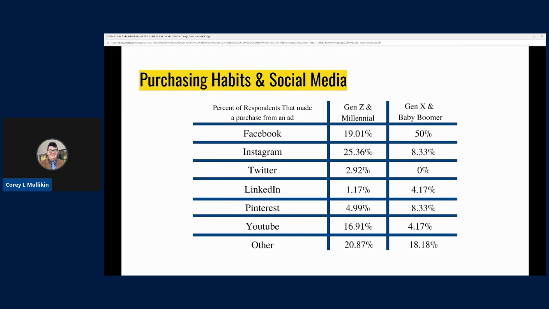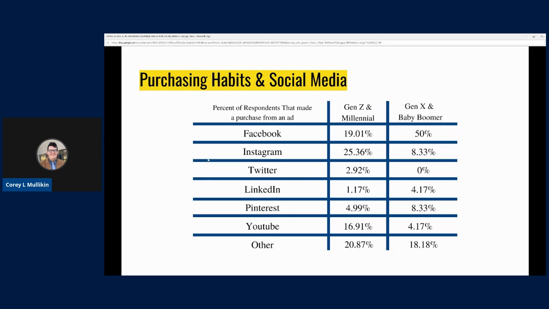So the question was asked, have you ever purchased anything off of a social media website? In my job, I place social ads, and I was very interested to see these generations, do they ever actually make purchases? So what we see lines up with usage of social media and age basis.